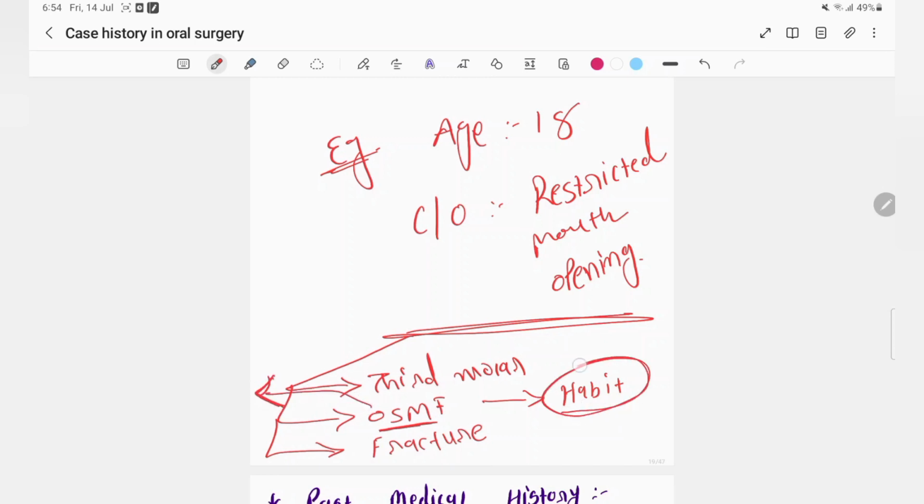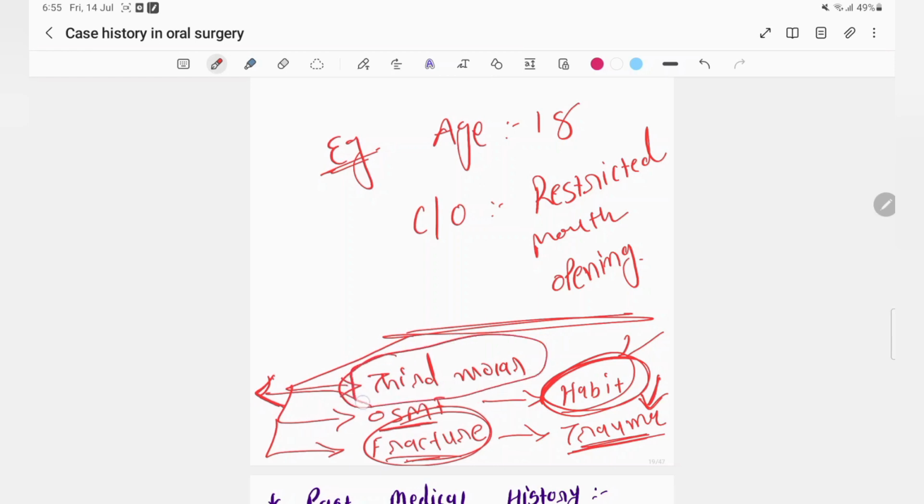So this habit of tobacco chewing is negative history, right? Then, do you have any trauma history for this? The patient says, no, I don't have any trauma history. So it is not a fracture. So, negative history of trauma. So now you can think that it can be because of third molar eruption, right?